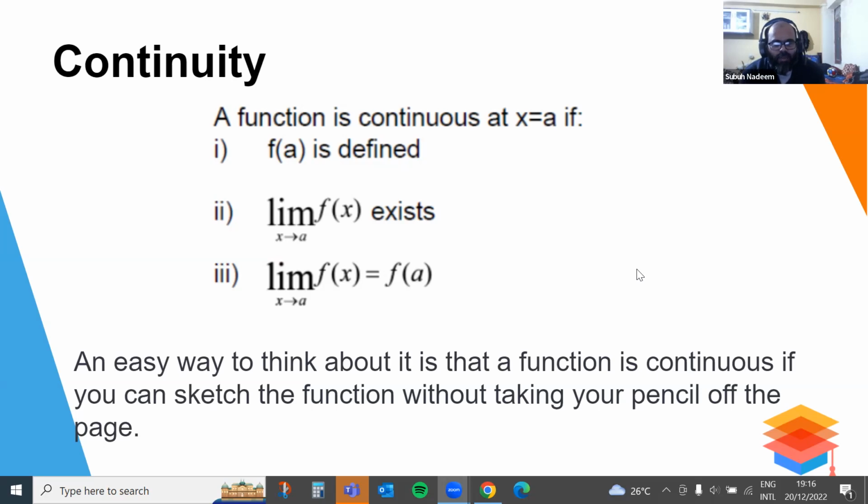Third, the limit should be equal to the value of the function at that point, f(a). An easy way to think about it is that a function is continuous if you can sketch the function without taking your pencil off the page. So this is what we did: without lifting the pencil off the page, we should draw it.